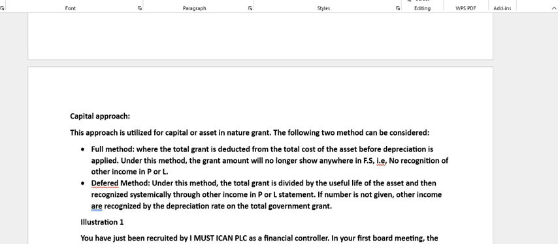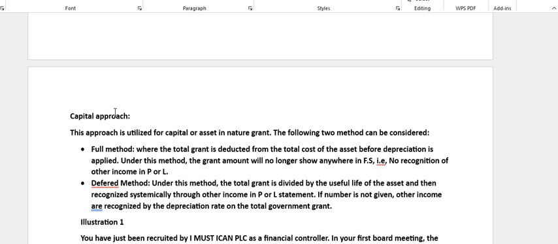If you don't want to use the full method, you can use the deferred method. Under the deferred method, you are allowed to divide the government grant over the useful life of the asset, if it has been determined or estimated. Or you can use what we call the depreciation rate to determine how to divide the grant over the number of years.